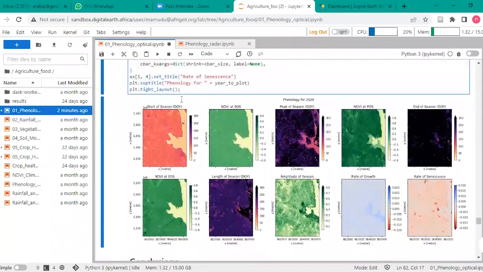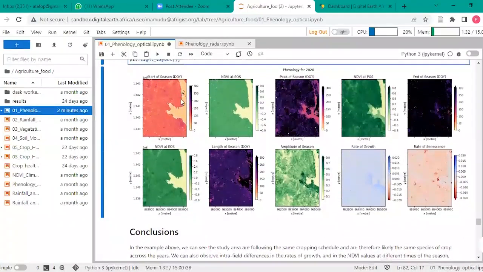Right. So here is the phenology for 2020, and we can see the day of year of start of season, the day of year of peak of season, the day of the year of the end of the season, the length of the season, which is the number of days in the season, the rate of growth, and the rate of senescence.